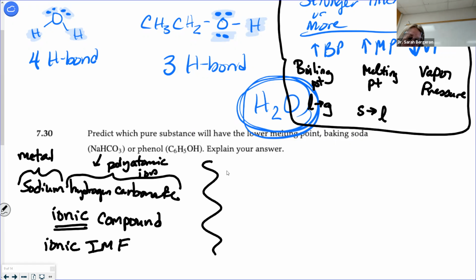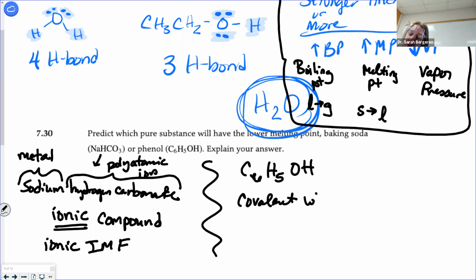Okay. Tell me about phenol. C6H5OH. Is this an ionic compound? No, it is not. It is a covalent compound. How did I know it was covalent? They're all nonmetals. But I see something in there. Do you see something in there? I see a hydroxyl.